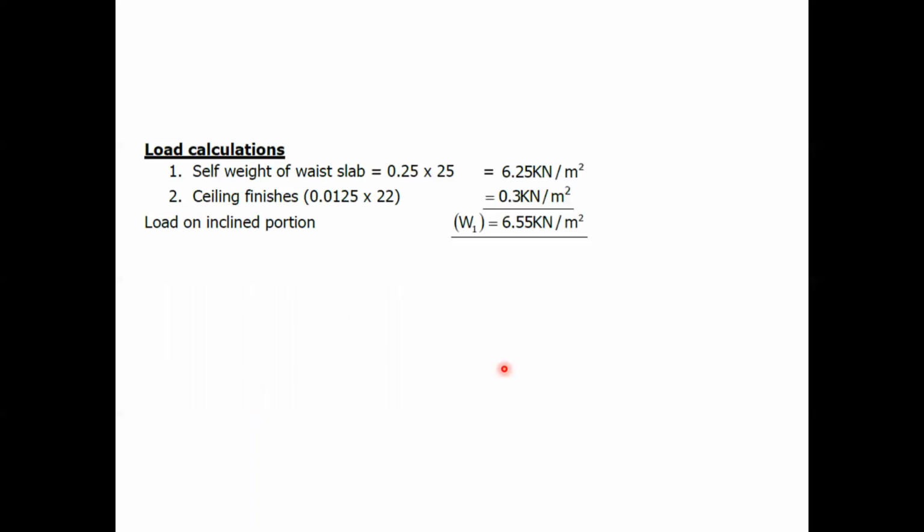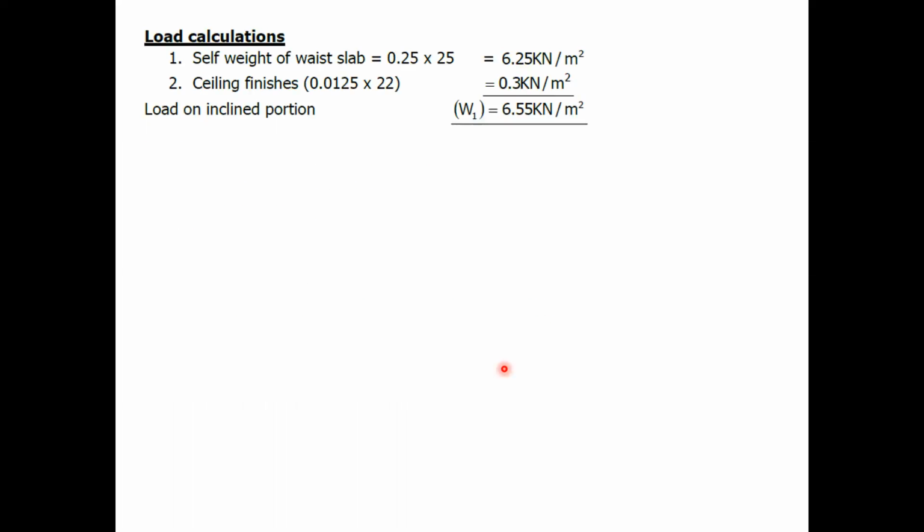Next, take down load calculations. In that, first one, self weight of waste slab. The thickness we have calculated is 250 mm, so in meter that is 0.25 into the concrete density, 25.